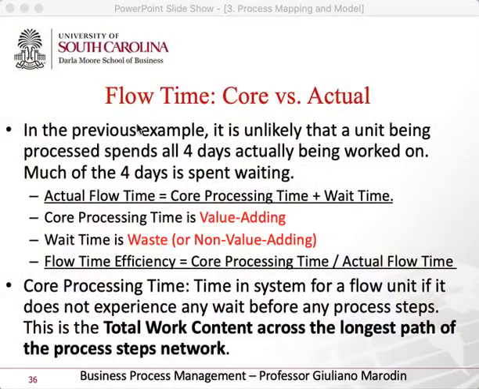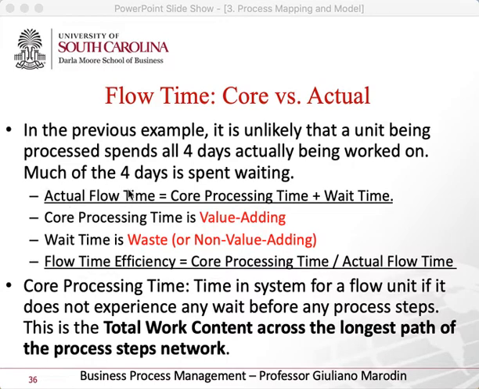The total flow time encompasses not only those two steps, but also the waits between them, right? Waiting before or after each step. So the total flow time takes into consideration all the time between the beginning and the end, and the core processing time adds only the transformation steps. Okay, so that's basically what it's saying here.